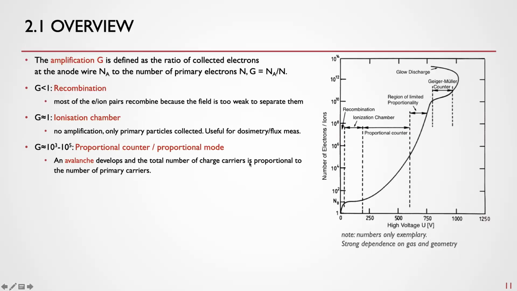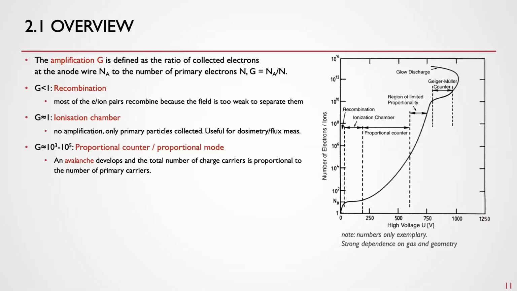If the voltage is increased, one enters the regime of proportional counters. Proportional counters are the proportional mode. Here we have to think of a wire detector. In the vicinity of the wire, inside a wire detector, the field strength, of course, depends on the voltage.